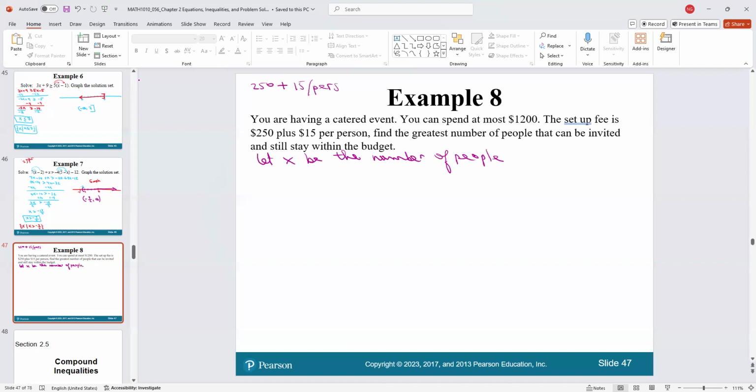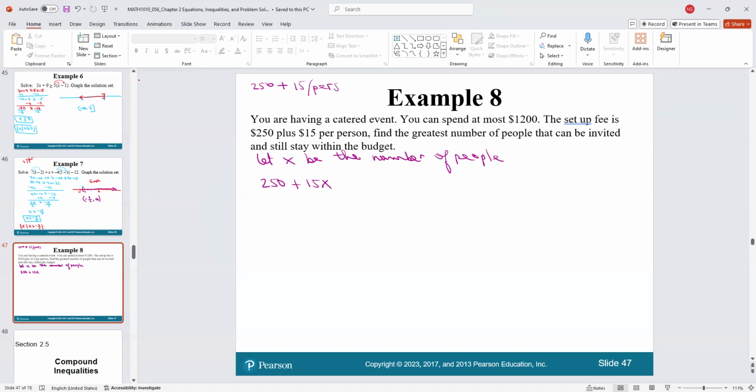Now, we know it's going to cost you $250 plus 15 times x, because if you know the number of people, then you can just substitute it for x.